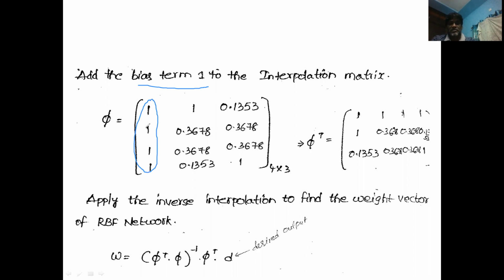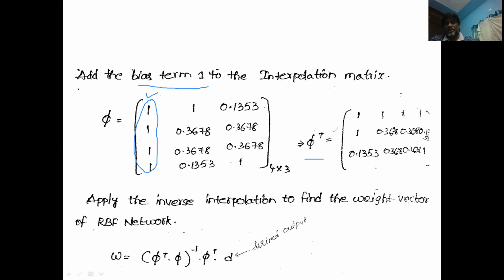If you add it as third column, then the third value in the weight vector will become the bias value. So based on where you add it, the corresponding weight vector gets the bias value in the corresponding position. Since we added these ones as first column, we get the bias value in the weight vector as the first value.